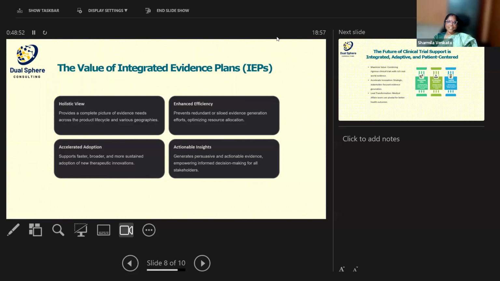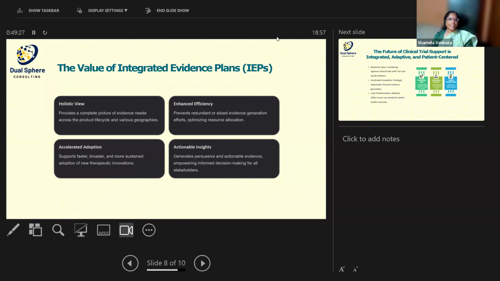It means instead of looking at evidence generation in fragments, regulatory here, payer there, patient advocacy elsewhere, an IEP maps out all requirements in one place. This ensures that everyone knows what's being collected, why it's being collected, and how it will be used.